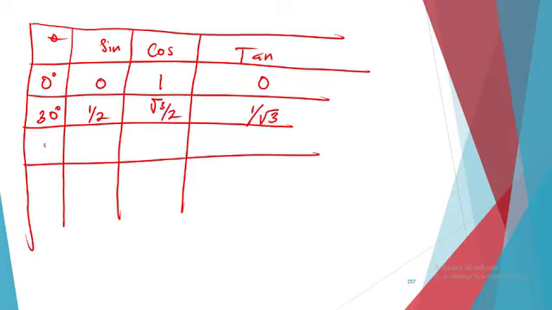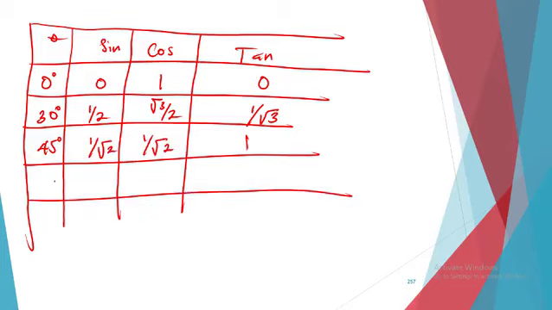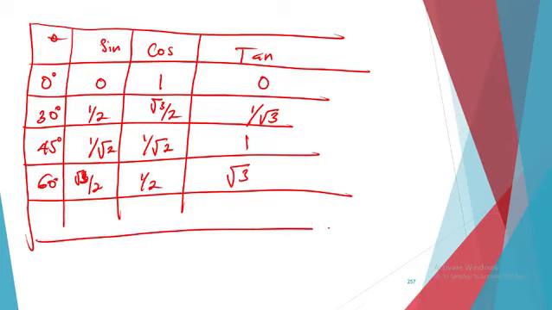We'll have 45 degrees, and this is 1 over root 2, 1 over root 2. We'll have 1. This is 60. We'll have root 3 over 2, 1 over 2, and then we'll have root 3. Then 90 will have 1, 0, and then we'll have infinity.